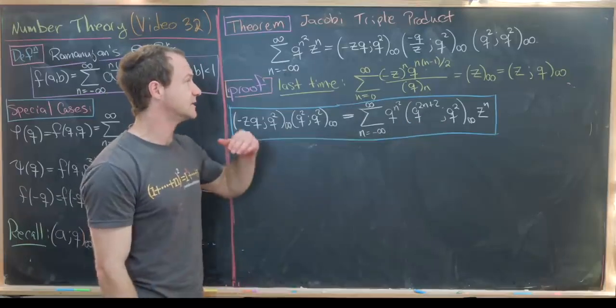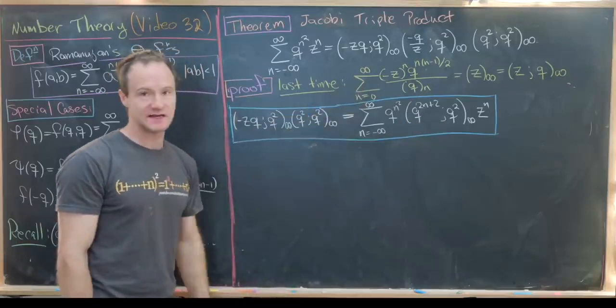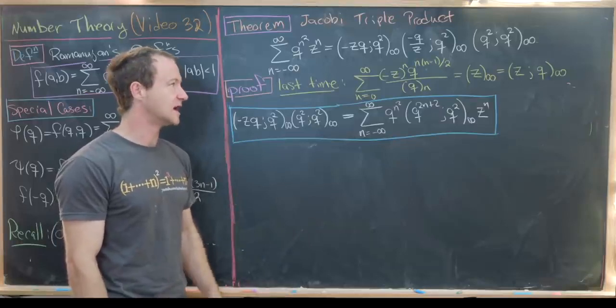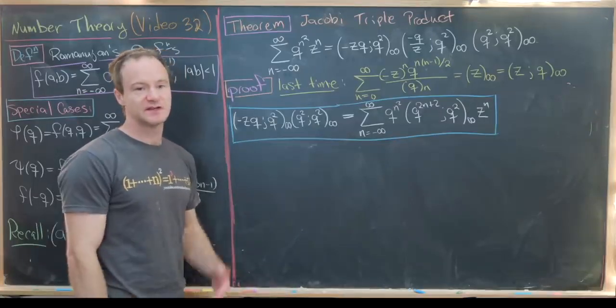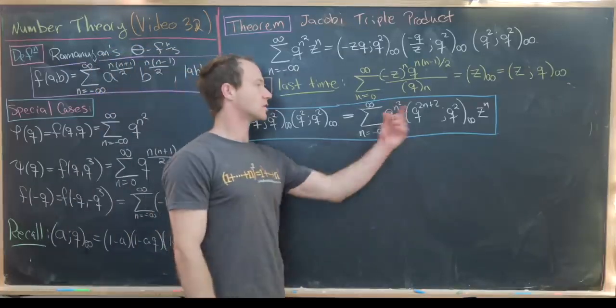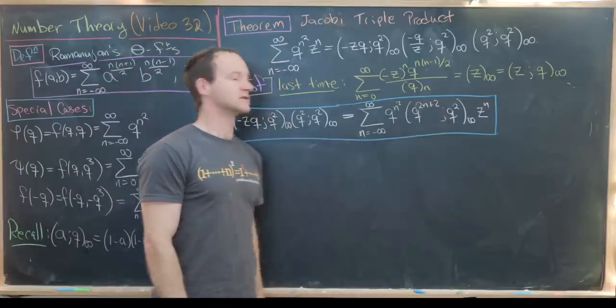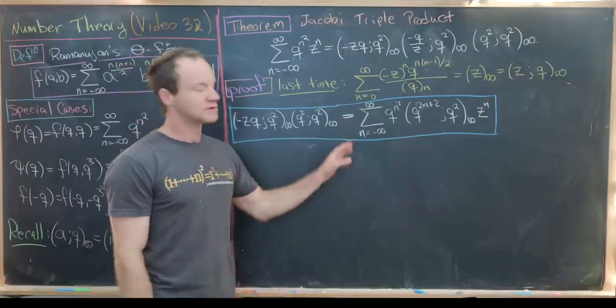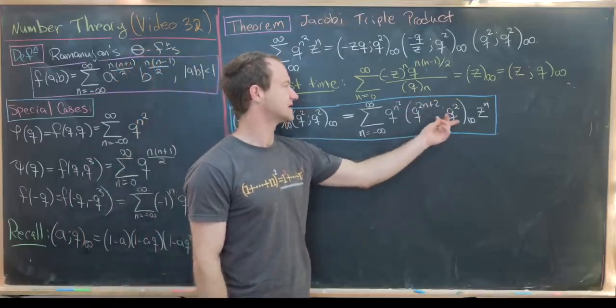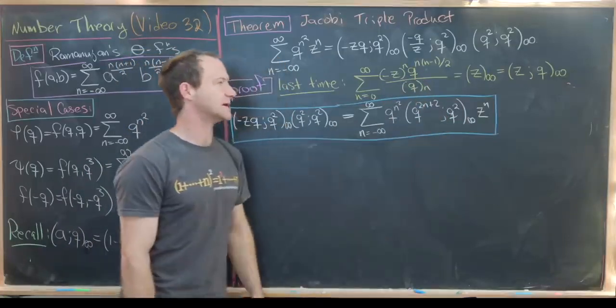And how will we do it? Well, we'll take our yellow identity, which again, like I've said a couple of times, we did in the last video, and we'll make some replacements, z for something and q for something, in order to build an object that looks like this. So let's look into this and see how we could build an object that looks like this out of these parts right here.